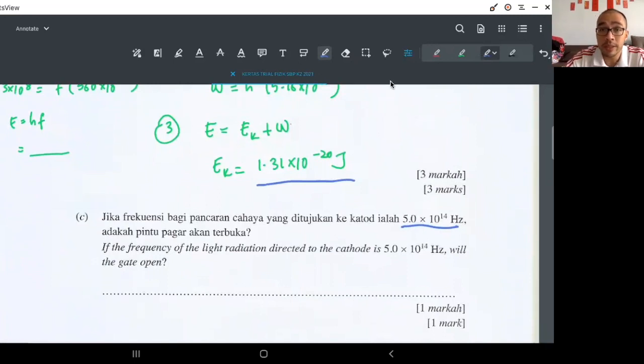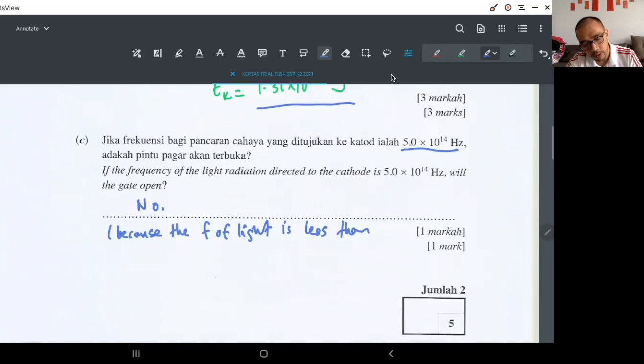But if the question is asking you for a reason, then you say: because the frequency of light is less than the threshold frequency, so photoelectric effect does not occur.